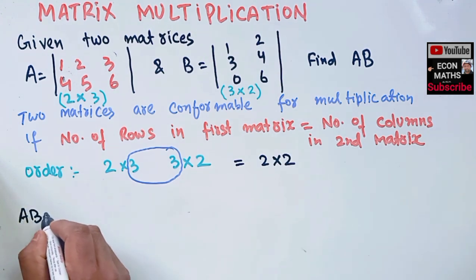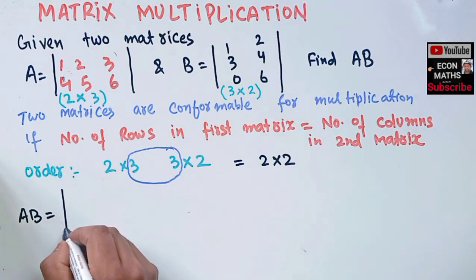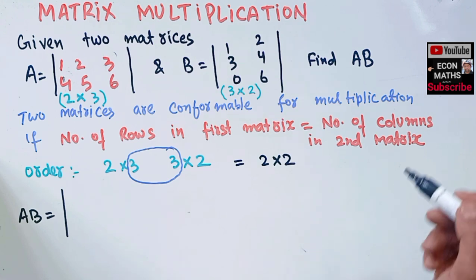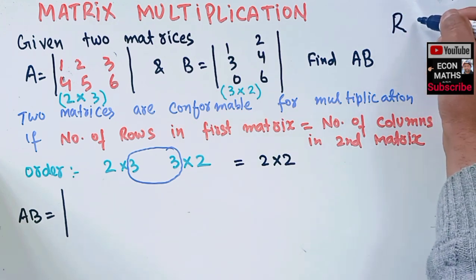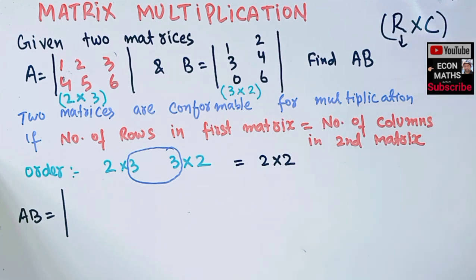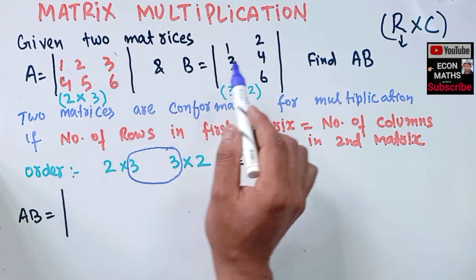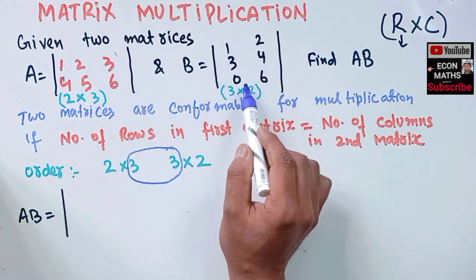AB, that means the product of these two matrices, will be equal to... So how do we multiply? We multiply the corresponding row with the corresponding column. So we multiply the first row with the first column here.